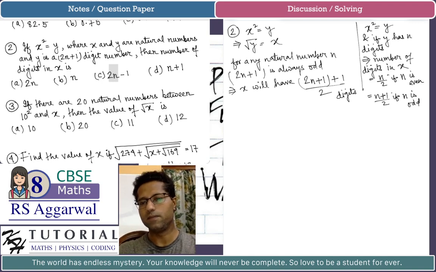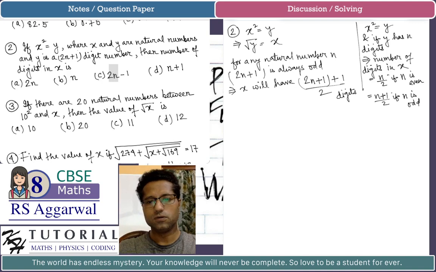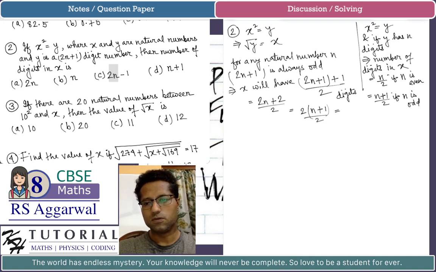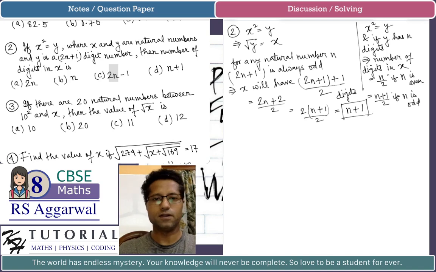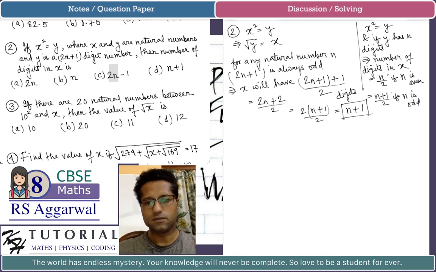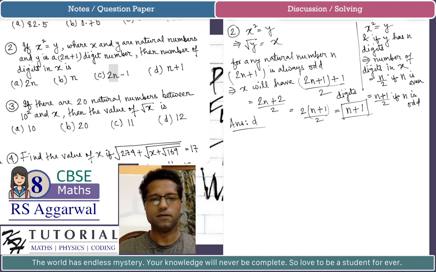So 2n plus 1 plus 1 by 2, which is 2n plus 2 by 2. If you take 2 common, this is equal to n plus 1. So x will have n plus 1 digits. So the answer is choice D.